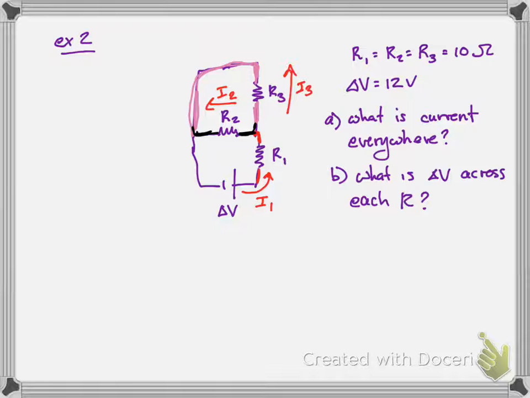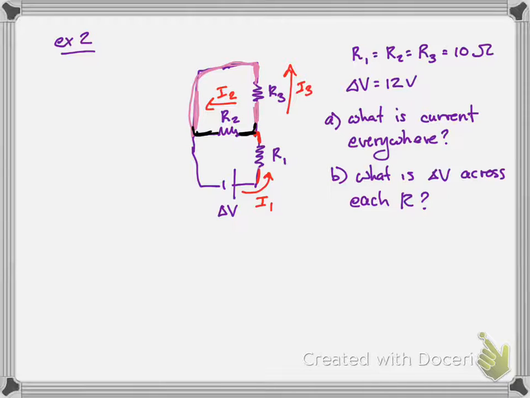But think about current like water flowing. We haven't really talked about that analogy, but current is like water flowing. If water is flowing from the plus plate of the battery, the big plate of the battery, and it gets to this junction, it's going to keep flowing through the junction up and to the left.